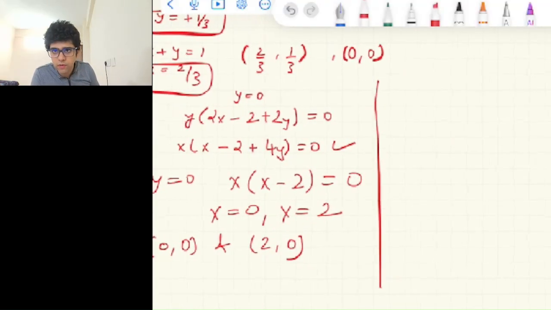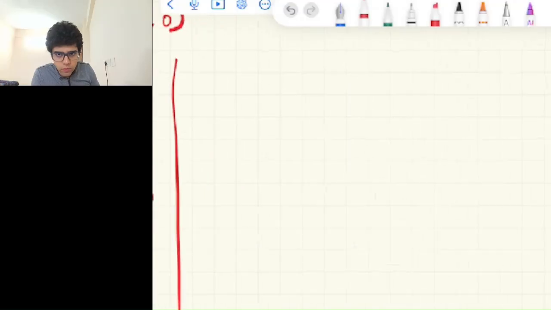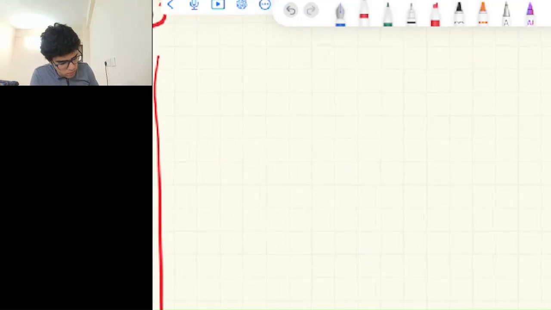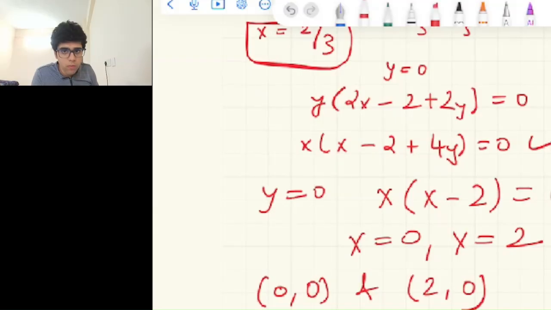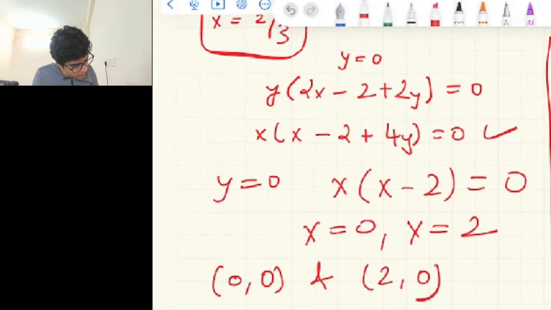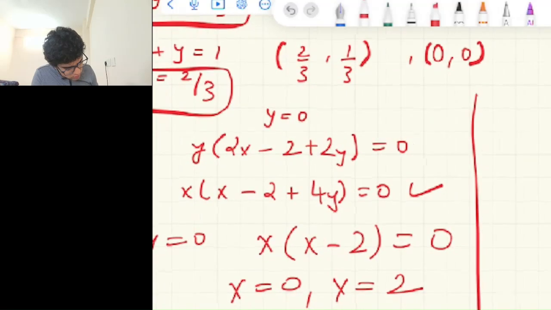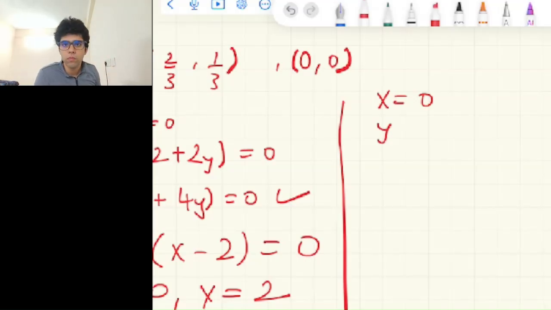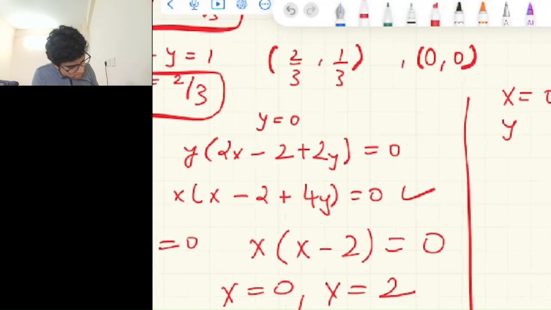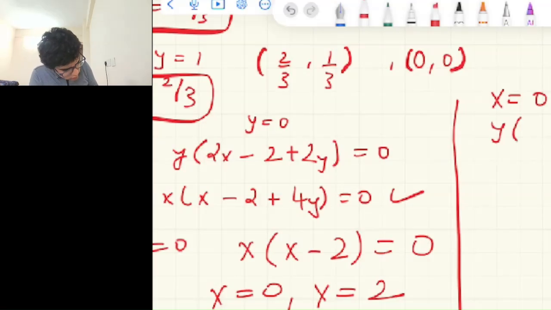And we can have some more points. When x is equal to 0, this becomes the first equation.